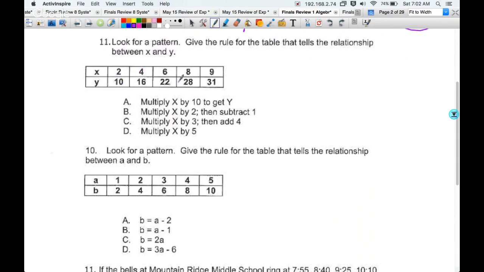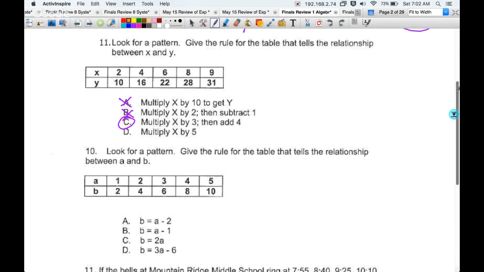Well, that works for the first one, but not the rest, so no. Multiply x by 2, then subtract 1. Nope, that doesn't work. Multiply x by 3, then add 4. So 2 times 3, that's 6. Add 4, yep, that's going to be the one. I got tripped up here because I thought this was counted by 1s, but it's counted by 2s until the very end where it counts only by 1. So that's why it didn't look like it was consistent, but it really was.